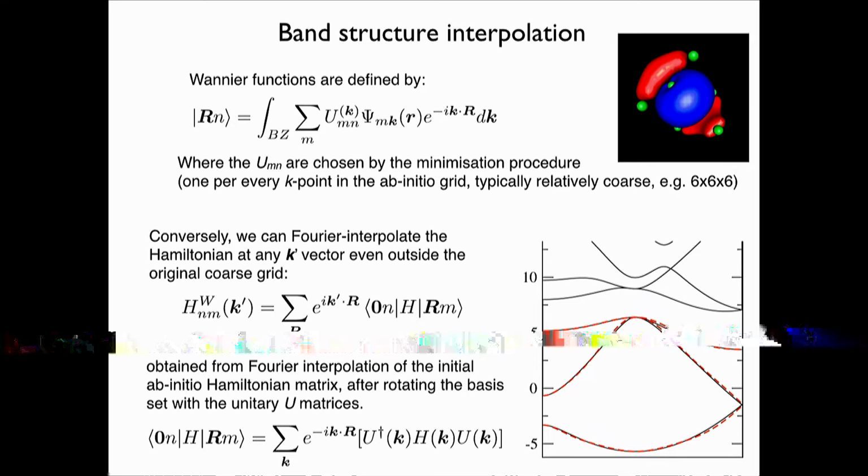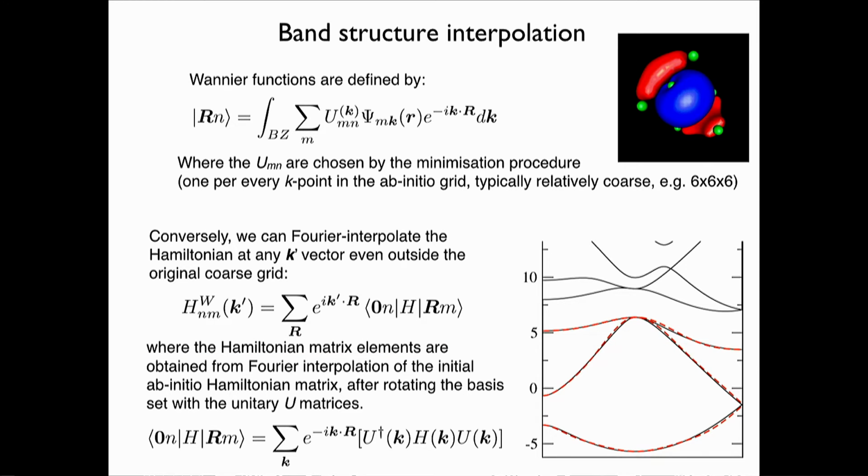That's already a very important ingredient. Then, if you do a forward and then a back Fourier interpolation, you can do this at any k point and get an interpolated Hamiltonian matrix at a different k point. You can diagonalize it and get the bands.